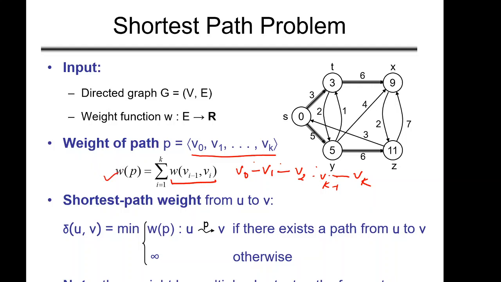Now what is the shortest path weight from U to V?